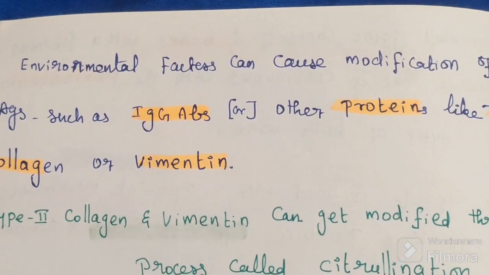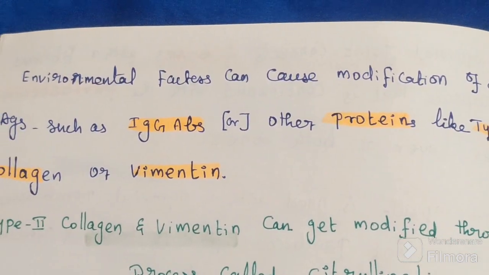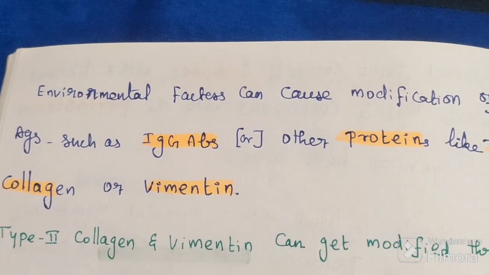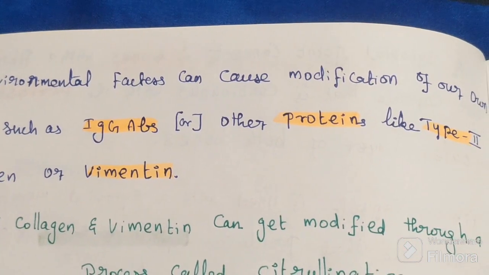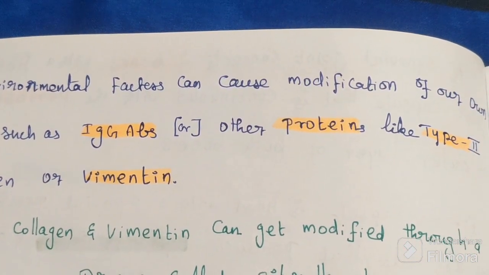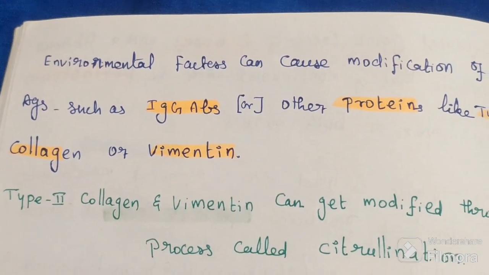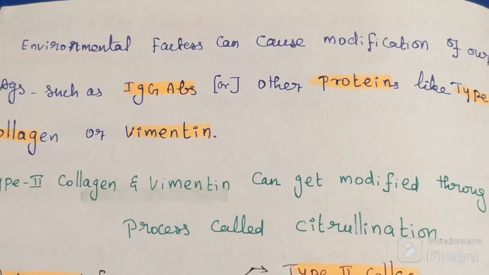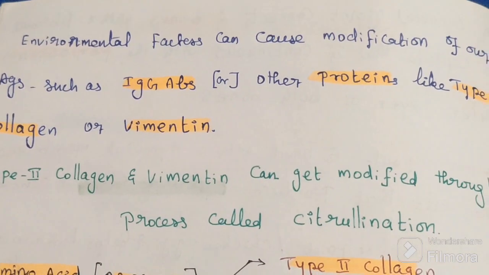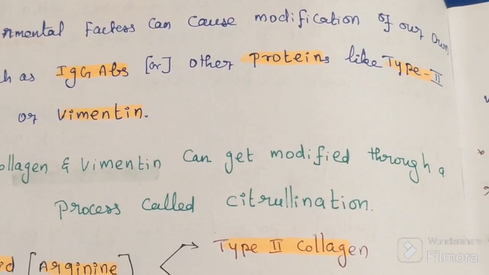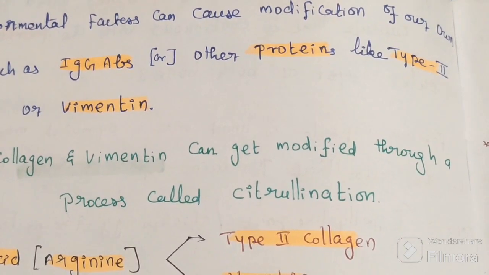These environmental factors can cause modification of our antigens such as immunoglobulin G antibodies and other proteins like type 2 collagen or vimentin. Type 2 collagen and vimentin can get modified through a process called citrullination.